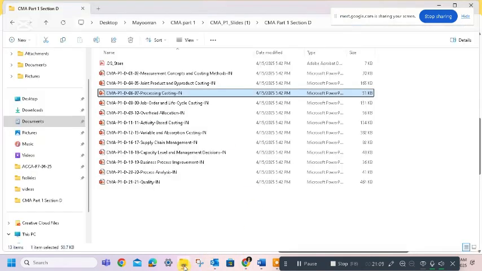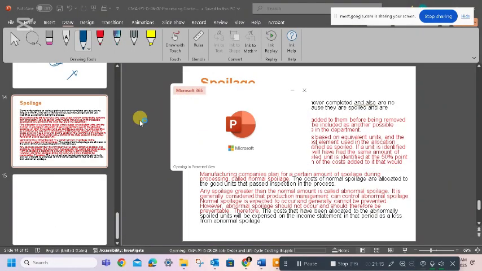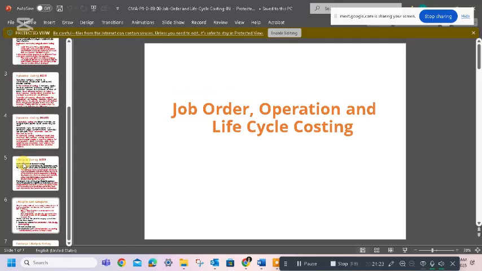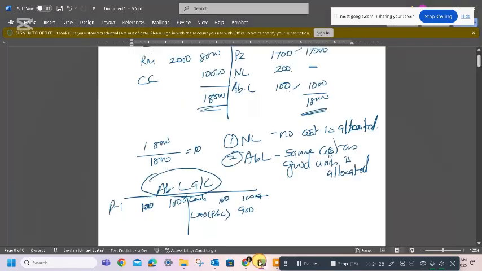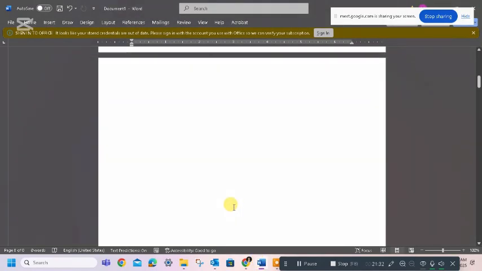Now let's go to job order and life cycle costing. Let me explain before we go into the slides how this works. Easy example for you to understand job order costing.